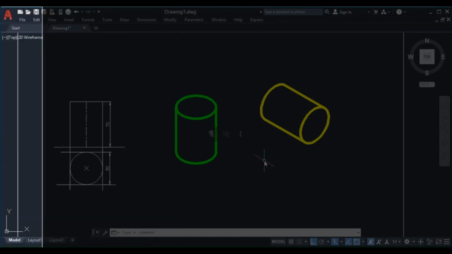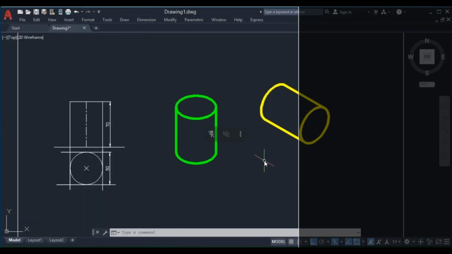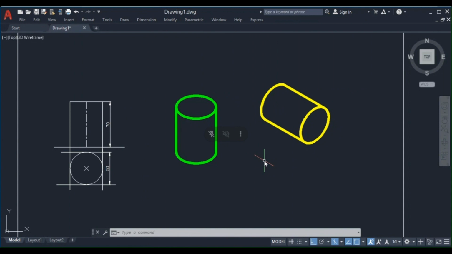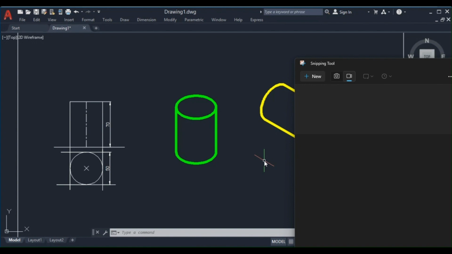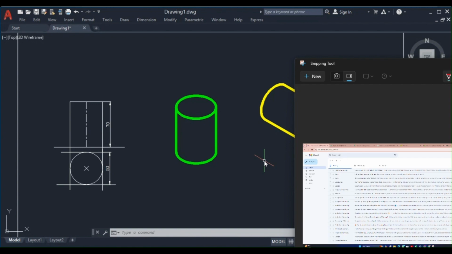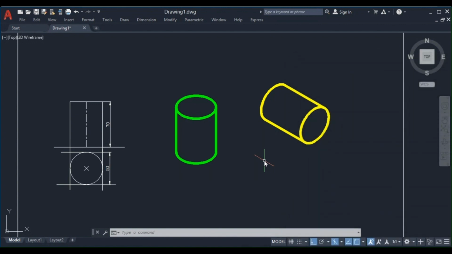Right? Yeah. Done with the screenshot. Yes, sir.